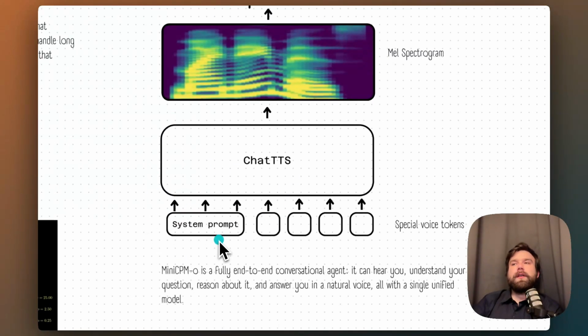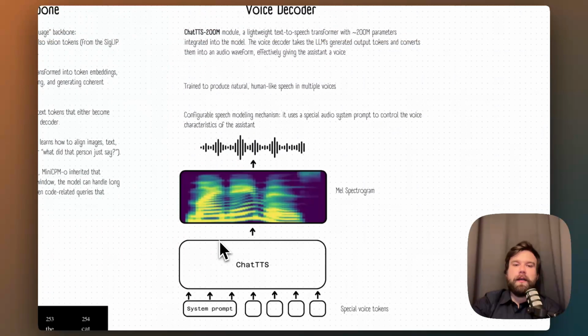So for example, if I'm doing a personal assistant or voice bots on phone calls and stuff like that, you can actually prompt the model to have a calm, assuring voice, or you can prompt the model to be angry if you want to, or you can prompt the model to have a specific persona, a specific voice persona. That is also super cool in these applications.